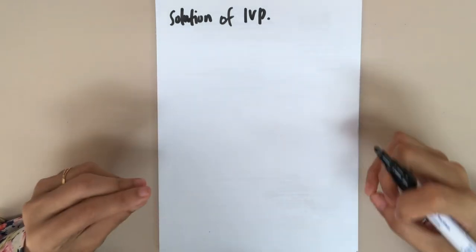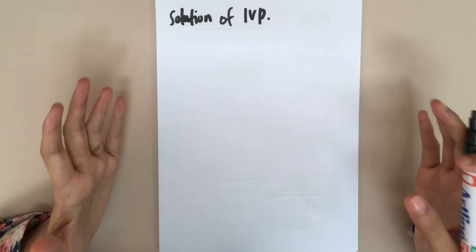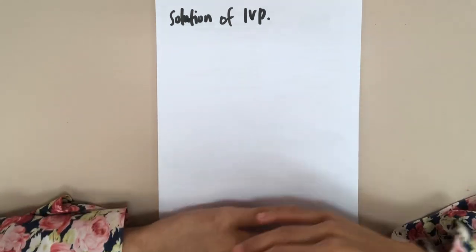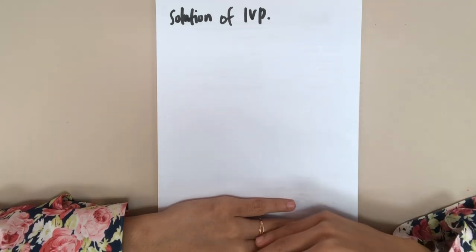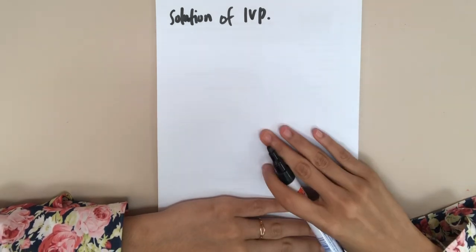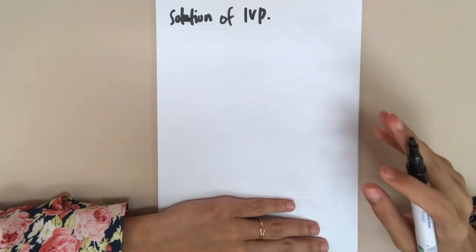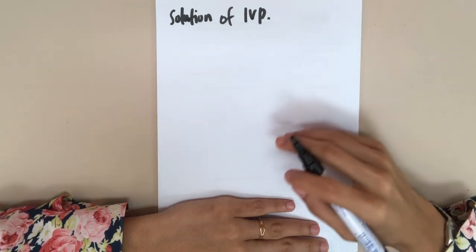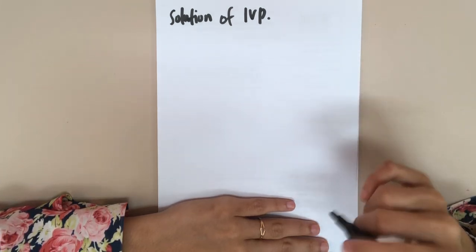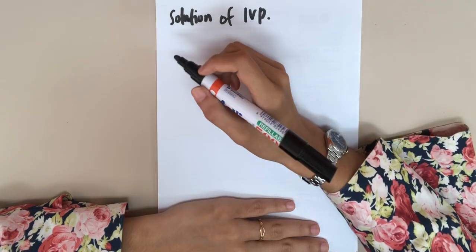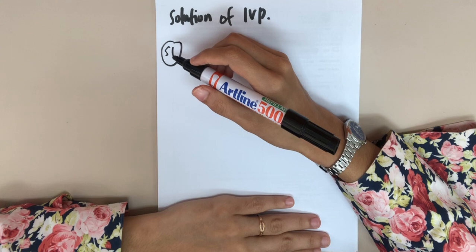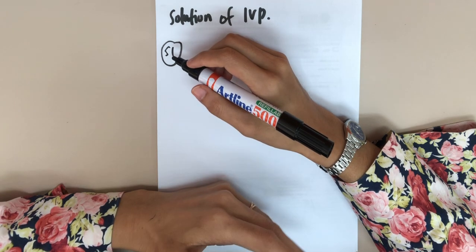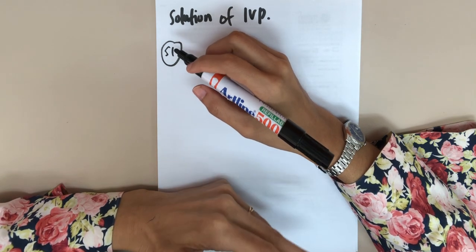In this section, we will see how the Laplace transform can be used to solve the initial value problem for a linear differential equation with constant coefficients. There are several steps that you need to know. The first step, of course, is the linear differential equation.